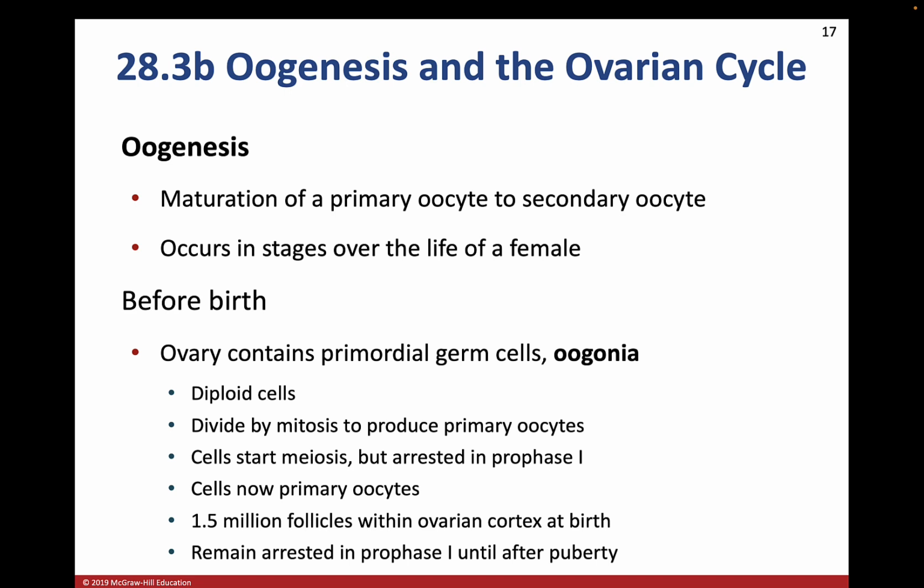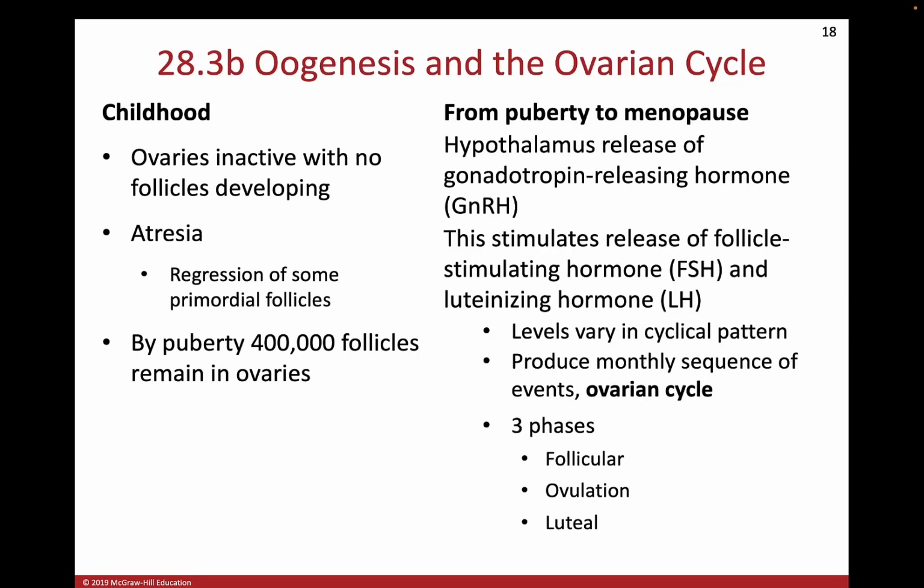Approximately at birth, there are 1.5 million follicles within the ovarian cortex, and this is going to basically remain arrested in prophase 1 until after puberty. Now, during childhood, ovaries are inactive and there are actually no developing follicles.